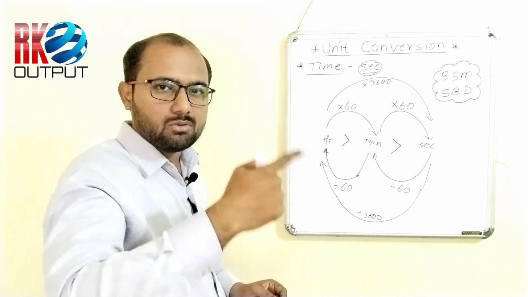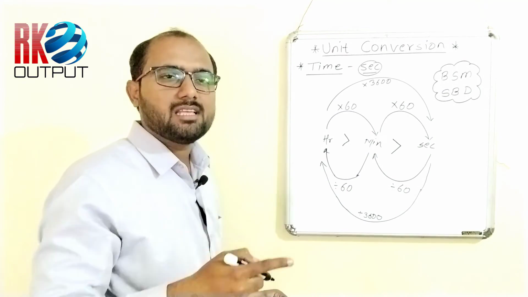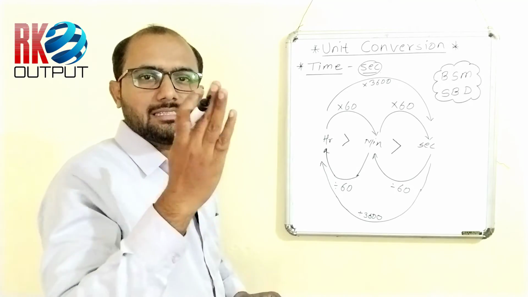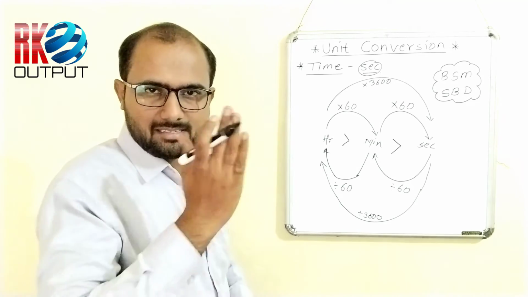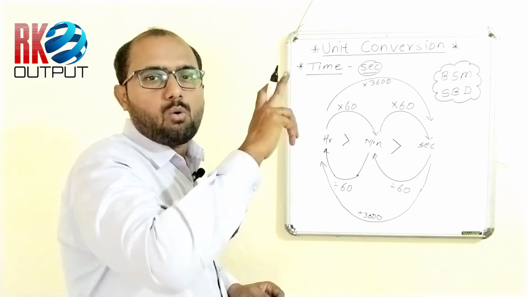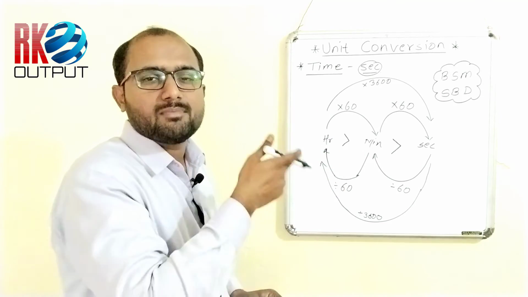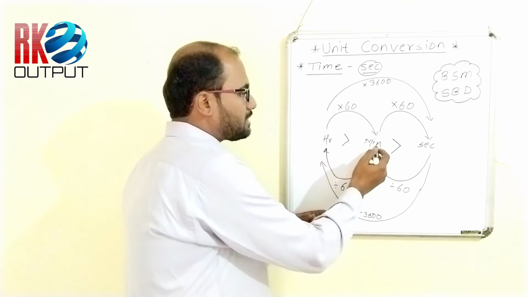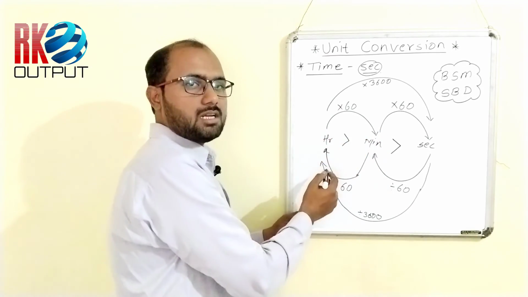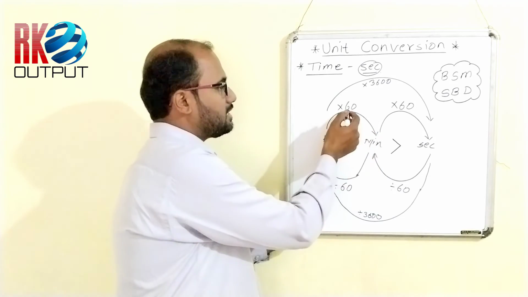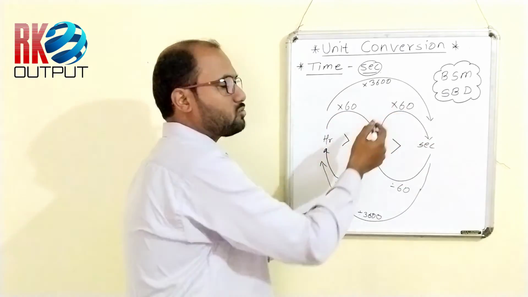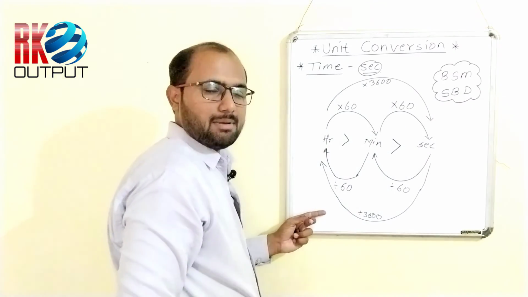If you count the markings on your wall clock, you will understand that there are 60 markings, so one hand moves through 60 places. So 1 hour equals 60 minutes. Converting from hours to minutes, multiply by 60.